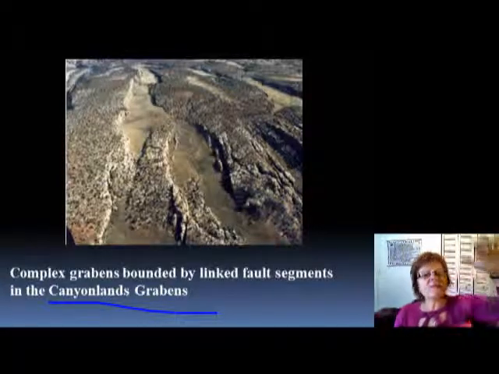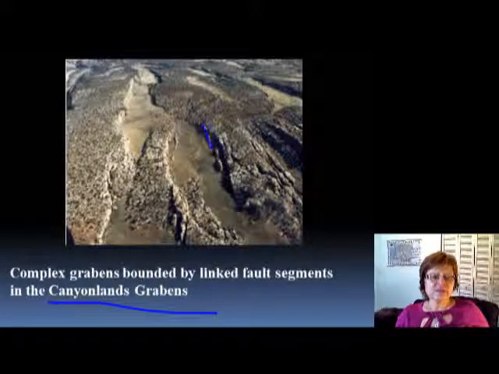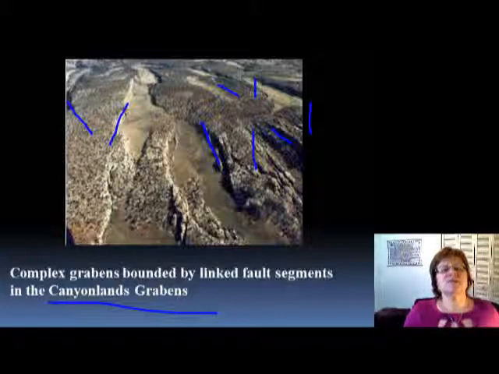So when you fly over Canyonland, you will be able to see these typical graben faults here. This whole area is nothing but graben faults, which is really amazing because these areas are absolutely gorgeous, if you ever have the chance to go and look at it.